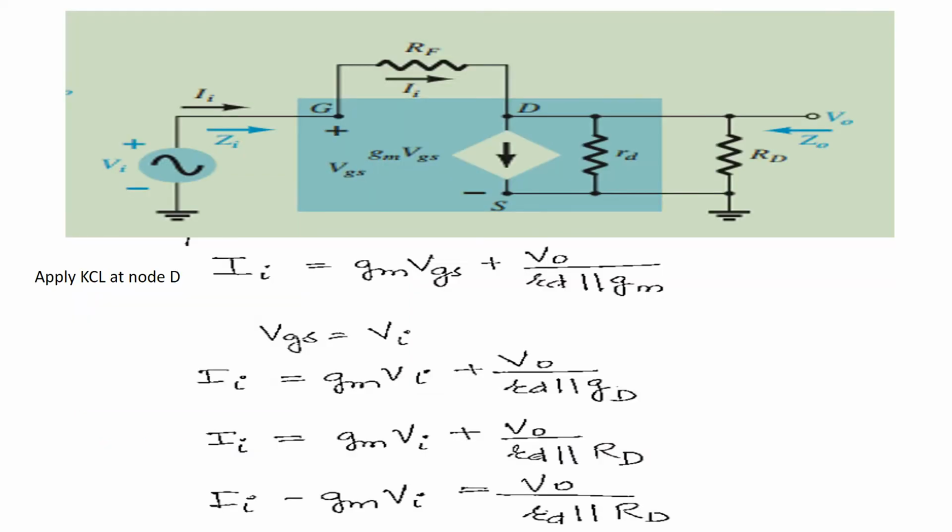Now we will solve. Apply KVL at the input node, that is at the gate terminal, to find the current. Ii is equal to gm VGS plus (gm VGS plus Vo) upon rd parallel gm.